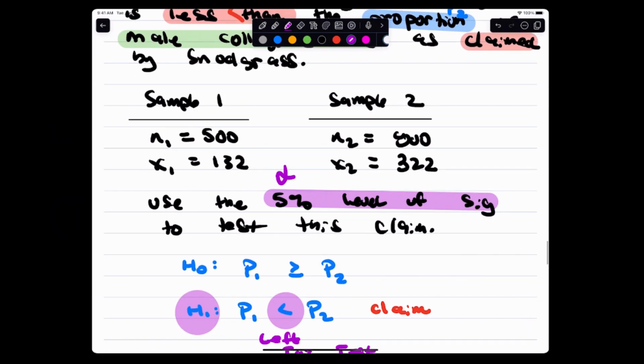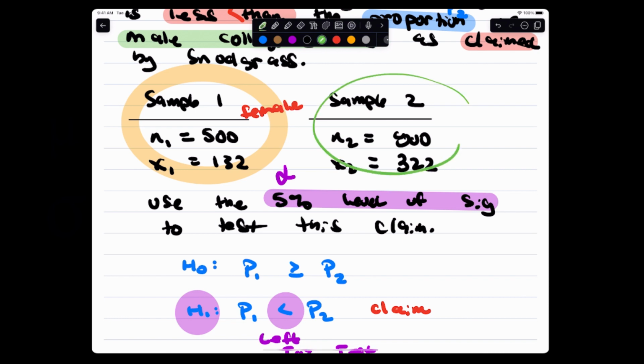Sample 1 is going to be for the female college students, and sample 2 is going to be for the male college students. Okay?